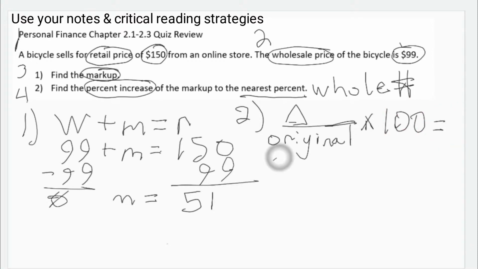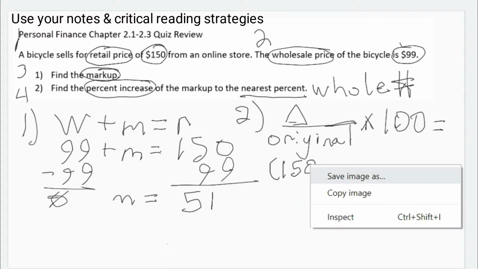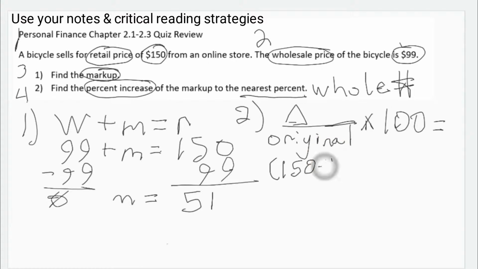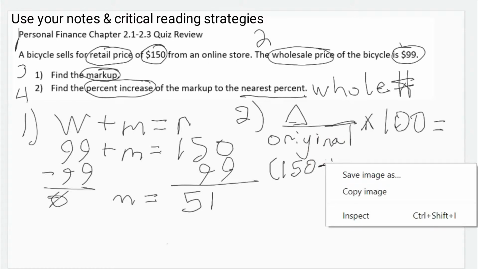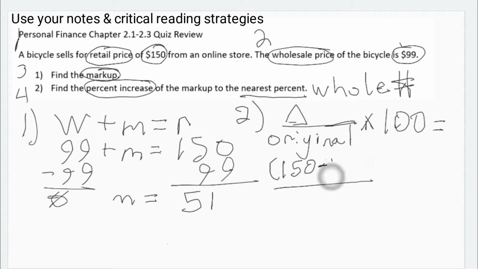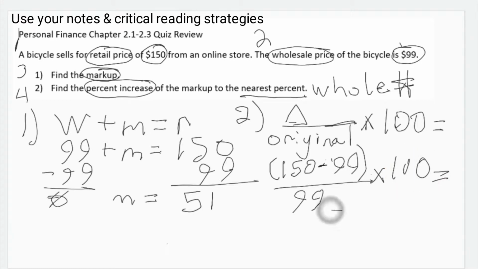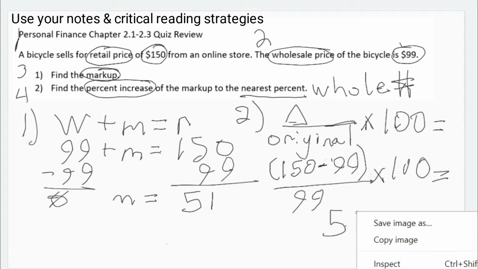So the change is going to be the 150 minus the 99, divided by 99 because that was the original, times 100. So I get that the percent increase is going to be 52%.